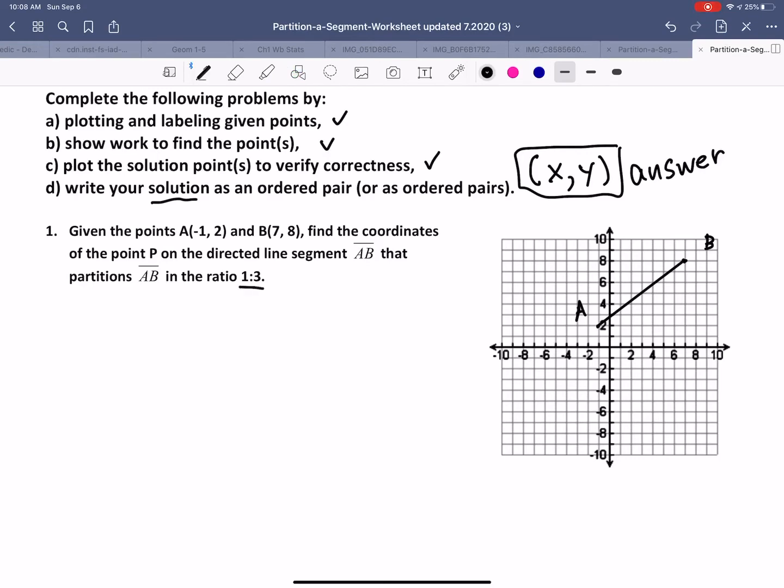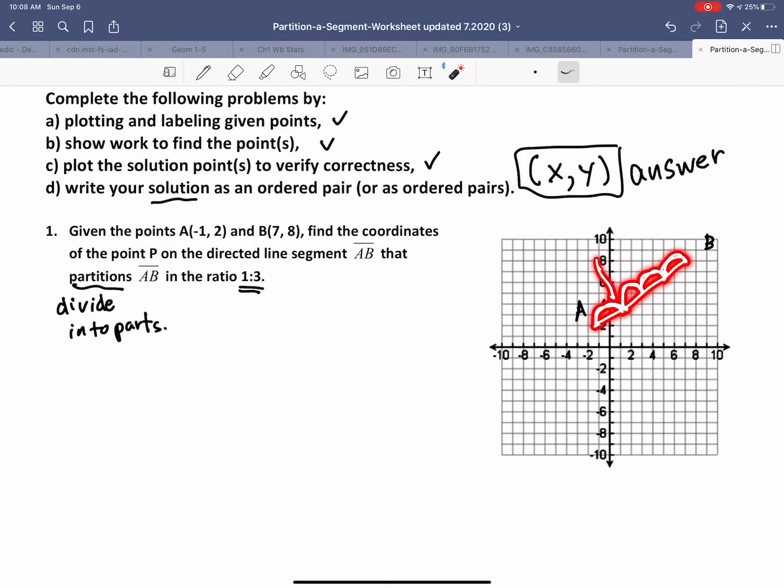Now we know that partition means to divide, from the video and from the last class. We divide this line into parts. So the first thing we have to decide is, how many parts? When I think about this, I want to go on a journey, and it says from A to B. So from A to B, I want to go on a journey of 1 unit with 3 left to go. Well, that's a total of 4. Do you notice that?